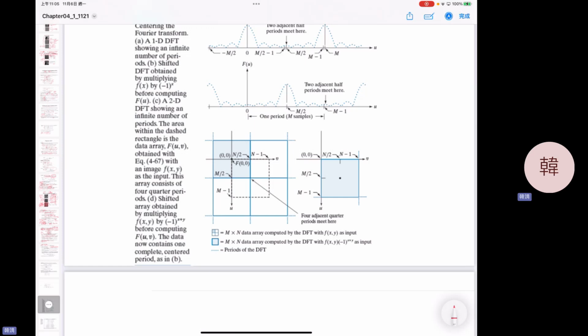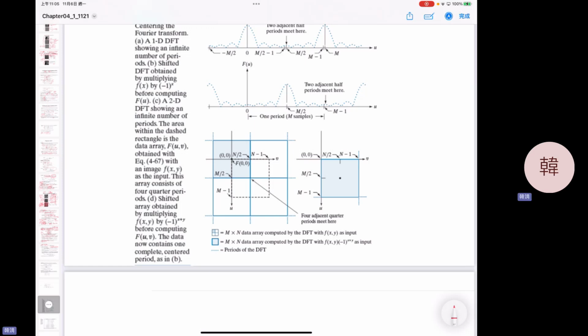And then multiply by what? It's multiplied by (-1) to the power of x plus y. So this one is a new image. And this is the spectrum of the new image. Let me see.